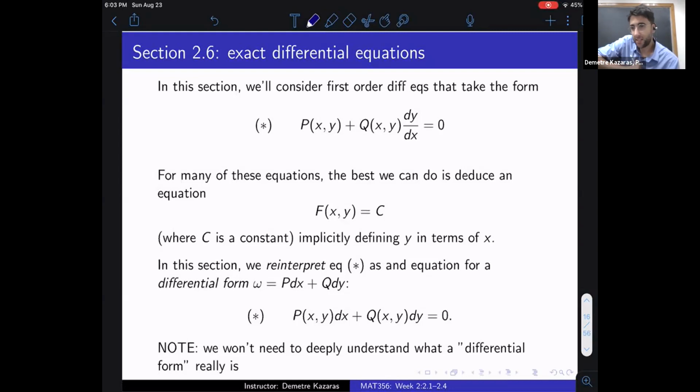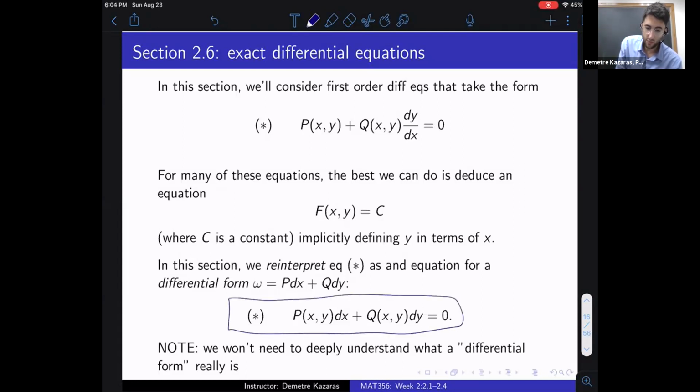Now this can be made rigorous in a number of different ways. One way you could make this rigorous is to think of the resulting equation, what you get when you multiply star by dx everywhere, as an equation for what's called a differential form. Here I call this differential form omega, p dx plus q dy.